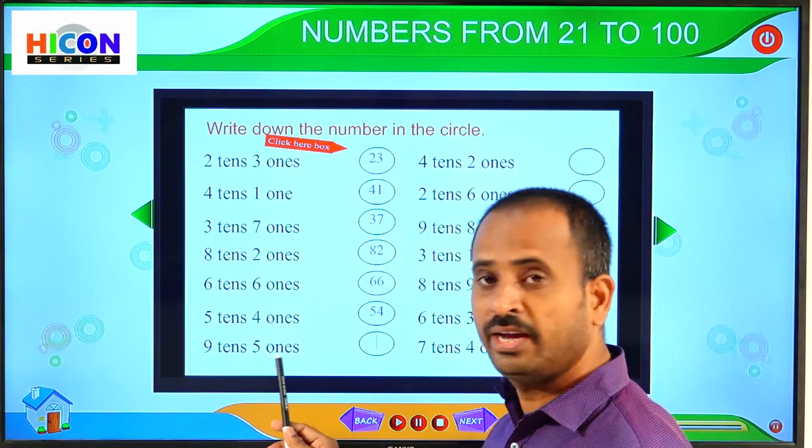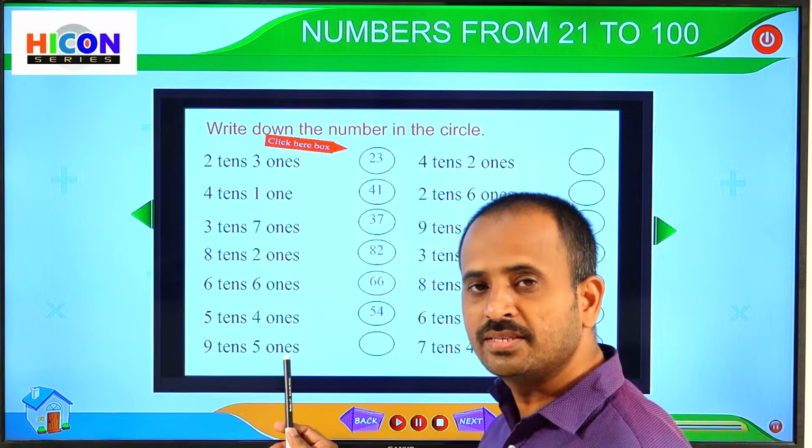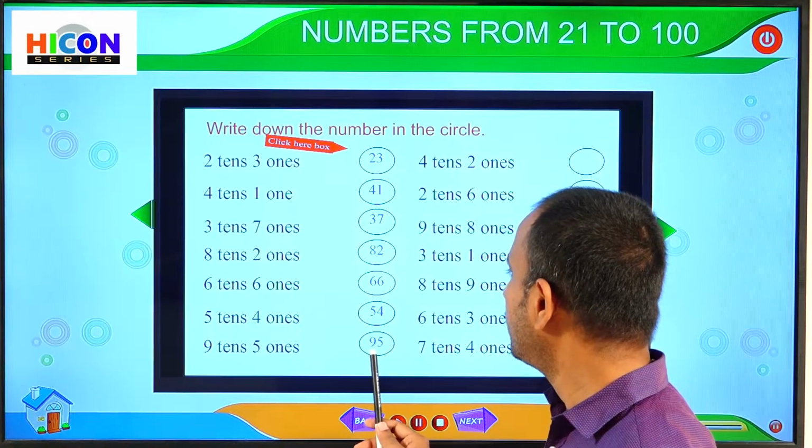And see the last one, children. 9 tens, 5 ones. So 9 is present in the tens place, 5 is present in the ones place, and the number will be 9, 5. That is 95.